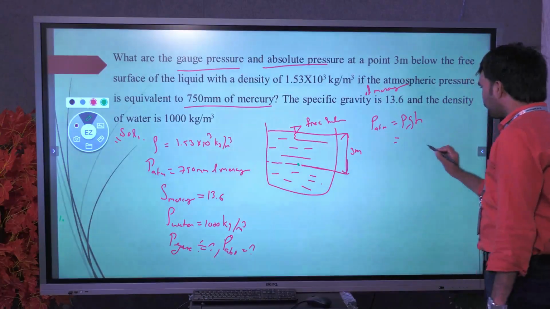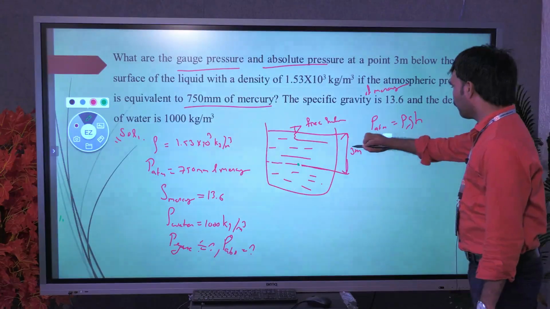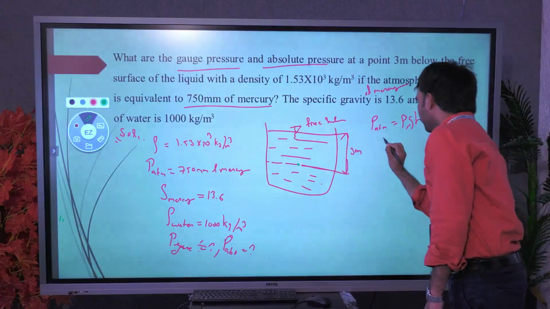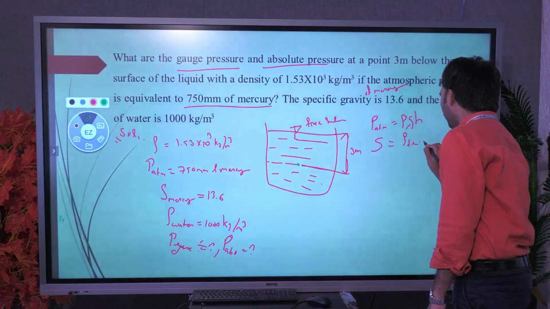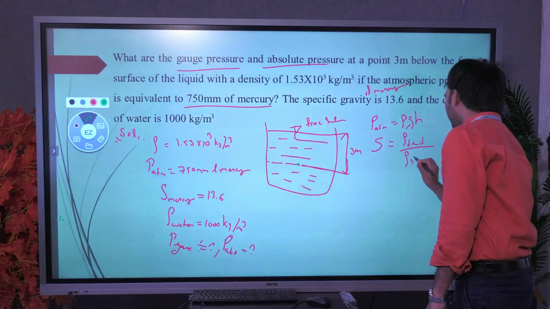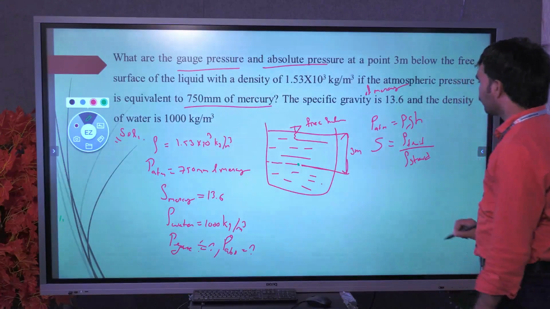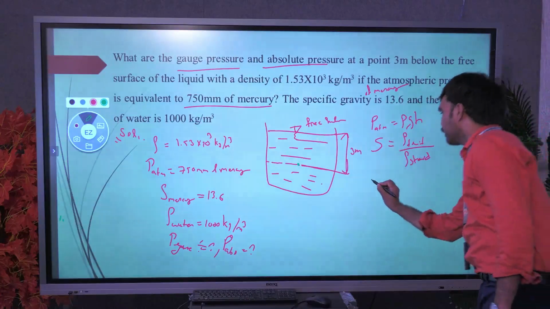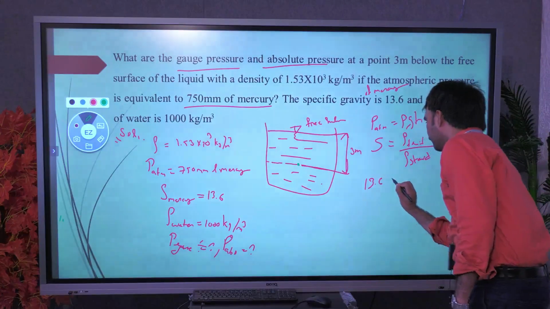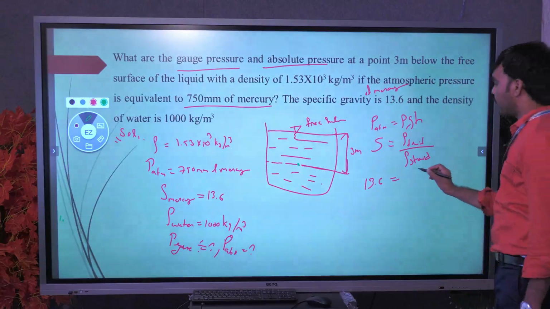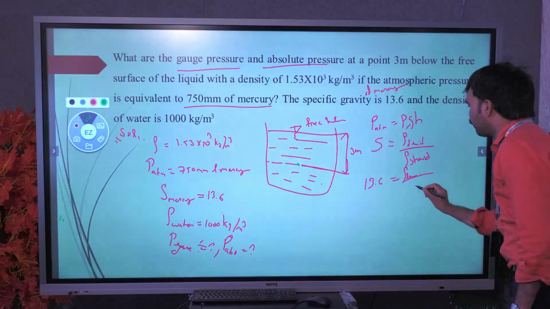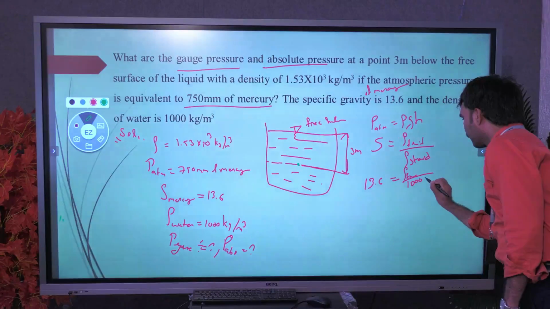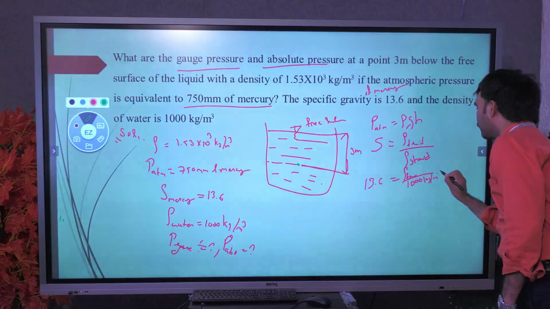So we know that specific gravity is equal to density of the fluid by density of the standard fluid. So we know this is 13.6. Density of the fluid, that we need to calculate. Density of the standard fluid is 1000 kg per meter cube. The standard fluid is water.